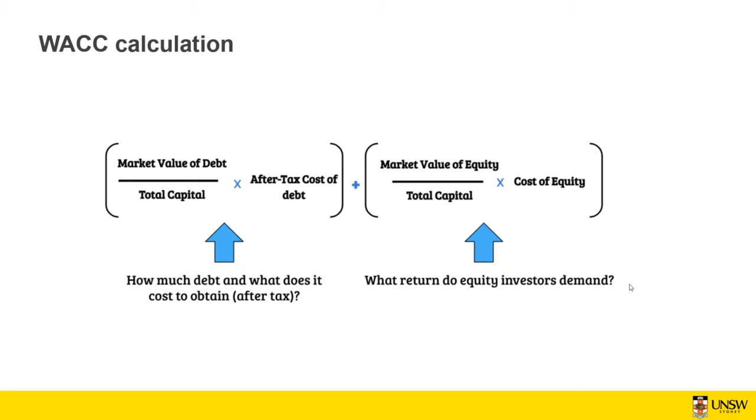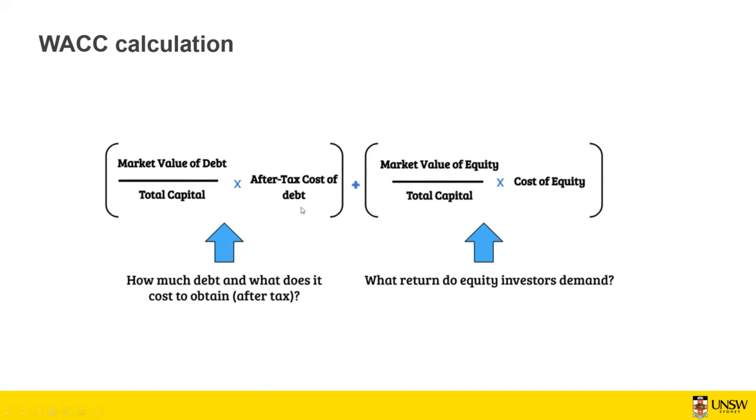So 50% is going to be $500,000 for debt and $500,000 for equity. So now we understand these terms for each part of this calculation. Okay.